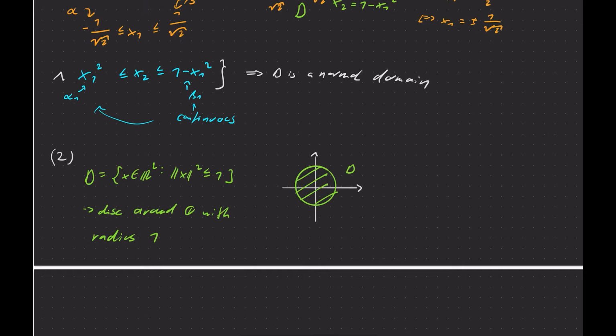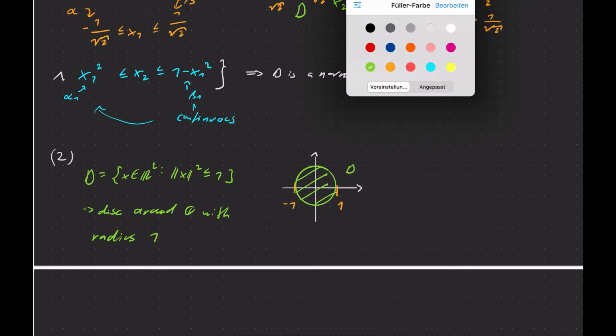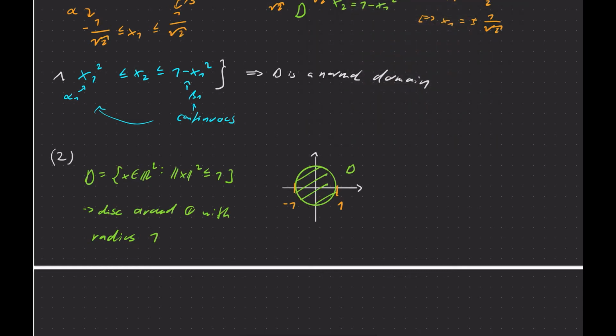Well, again, we could start with the x1. Here, for example, there's the point -1, there's the point +1, so x1 varies between -1 and 1. That's an easy start. What about x2? If we want x2, then again, we'll have to find the description of the upper and lower bound depending on just x1.